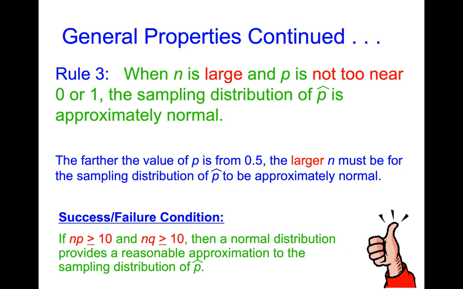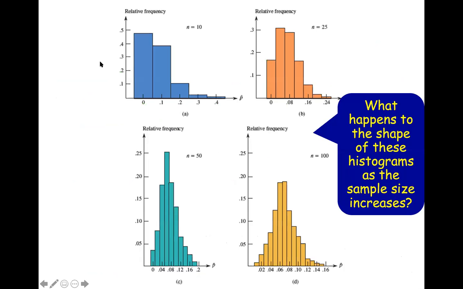Okay, so let me show you how to check that. Let's say for this guy right here, if I wanted to check that, let me type that on the side here in pink. If I want to check np, let's say for this mustard yellow one, n is 100, p is 0.07. So if I multiply that, I get 7.